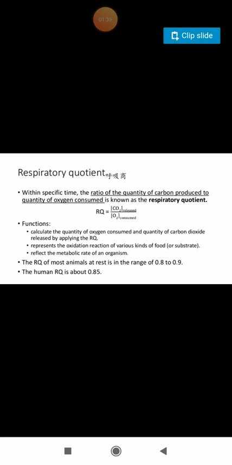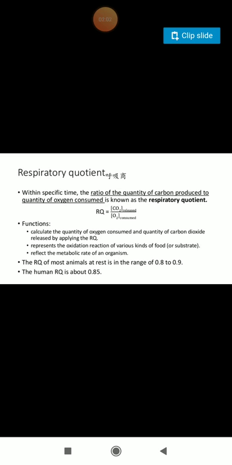Now there is one more topic about respiration, and that is the respiratory quotient. What is respiratory quotient? It is the ratio of the volume of carbon dioxide produced to the volume of oxygen consumed. That means RQ is equal to the volume of carbon dioxide released over the volume of oxygen consumed.